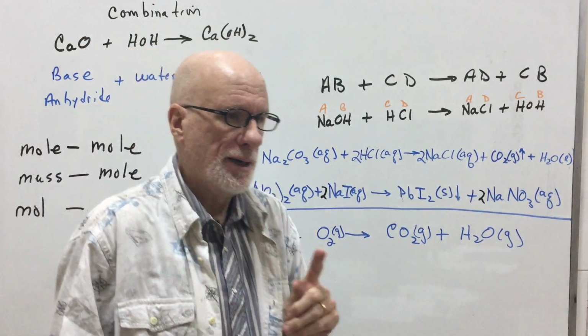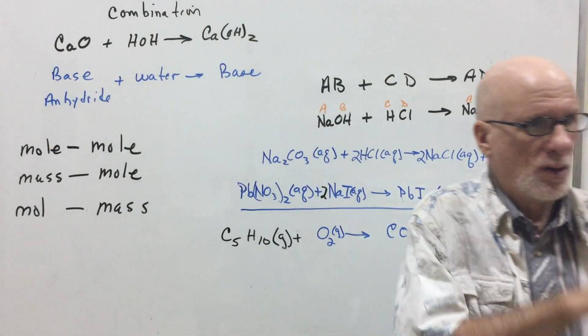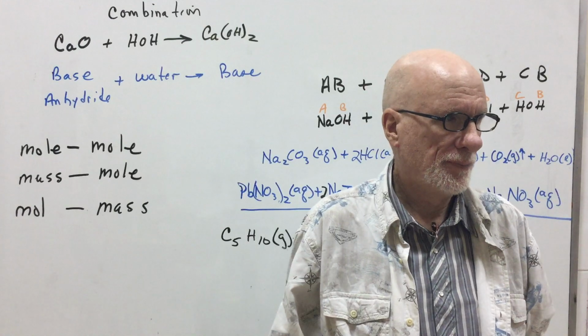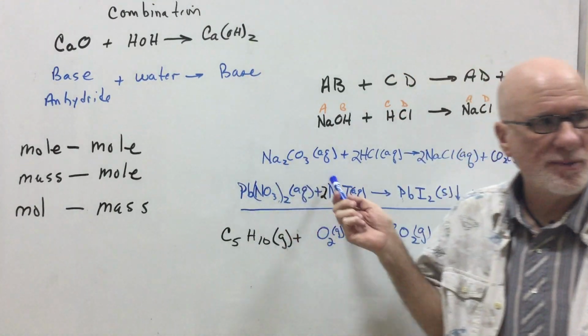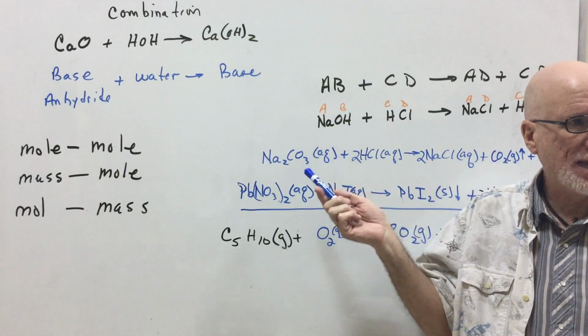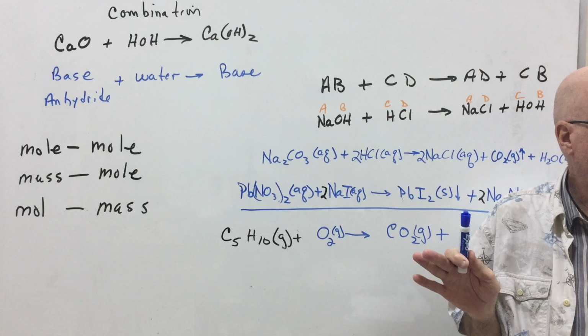So, in a double displacement reaction, a rule of thumb: your reactants have to be ions and in aqueous form. Have to be. Clear?